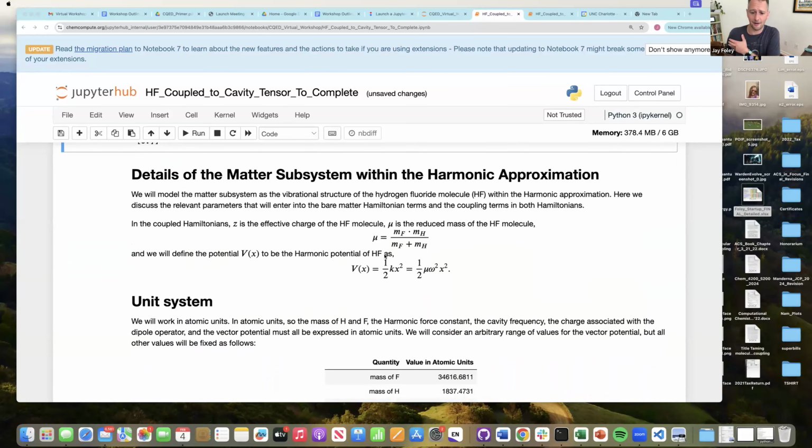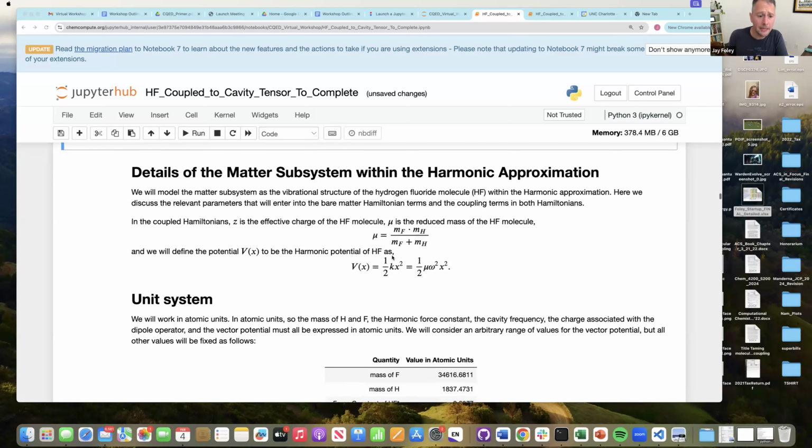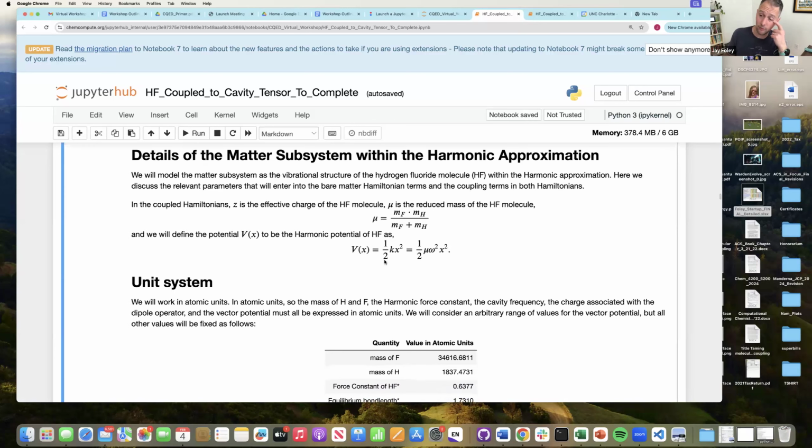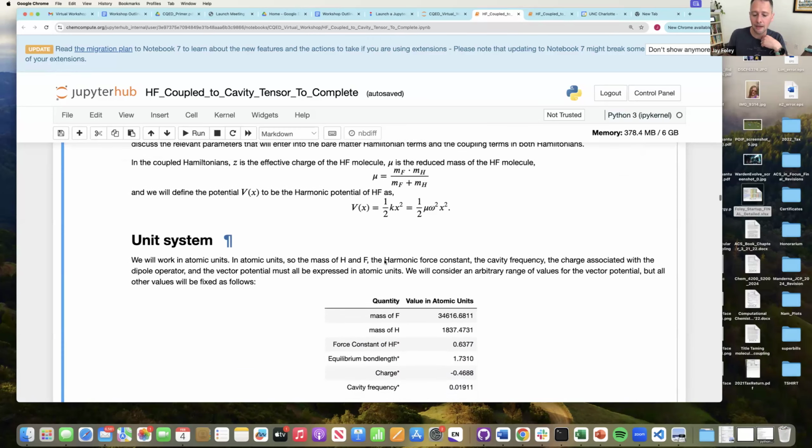I've got momentum operator squared over 2 times mu, where mu is the reduced mass, plus 1/2 kx squared, where k is the force constant. These are 2 equivalent ways of writing the potential, 1/2 kx squared or 1/2 mu omega squared x squared. So we need values for k and for mu.